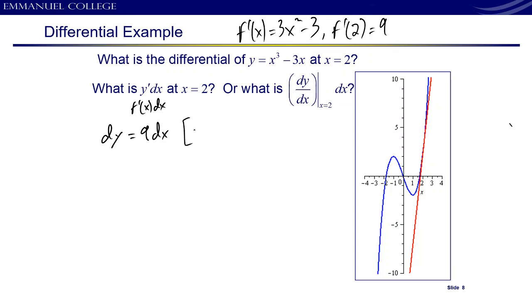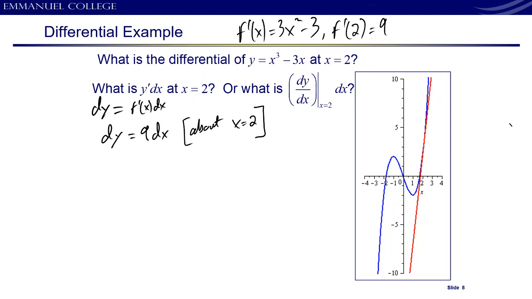Key thing here, this is about x equals 2. Because dy equals f prime times dx, so dy is just the derivative at the point you're looking at times dx. The dx part we'll see in a moment.